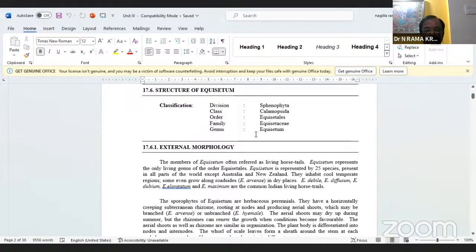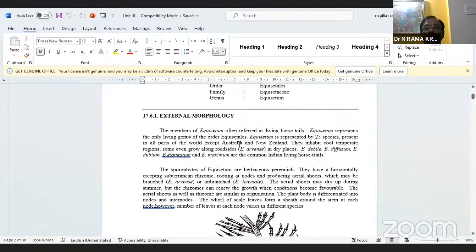Now you see here, this was Selaginella. Here it is division Sphenopsida, class Calamopsida, order Equisetales, family Equisetaceae, genus Equisetum.